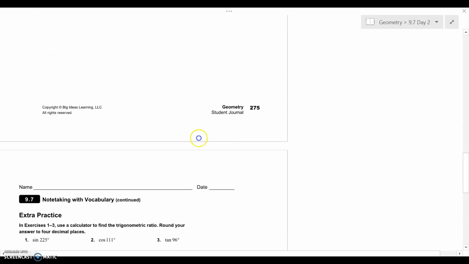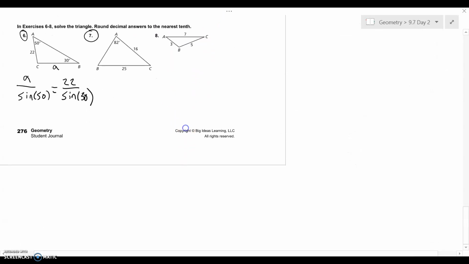And the reason I'm doing that is it means I only need to do one step to get a all by itself. I'm going to multiply both sides by the sine of 50. So I've got 22 over the sine of 30 times the sine of 50. And that's a big expression, but your calculator can handle that expression.